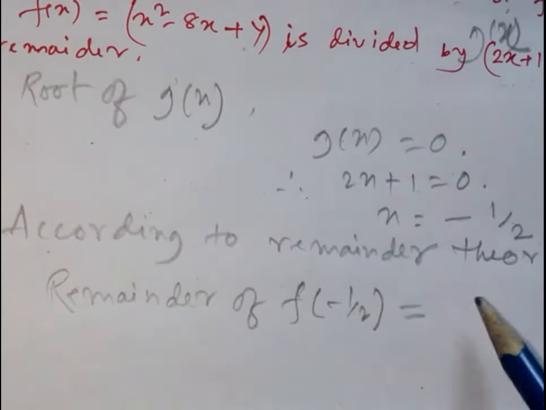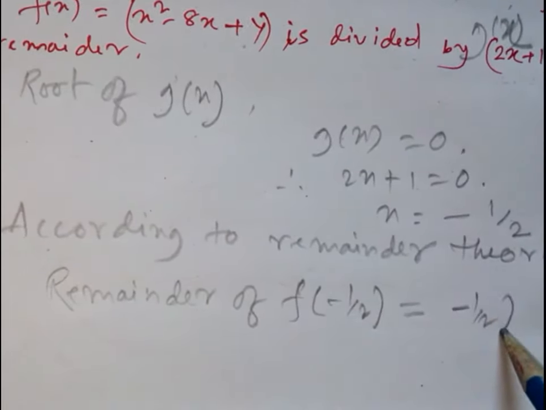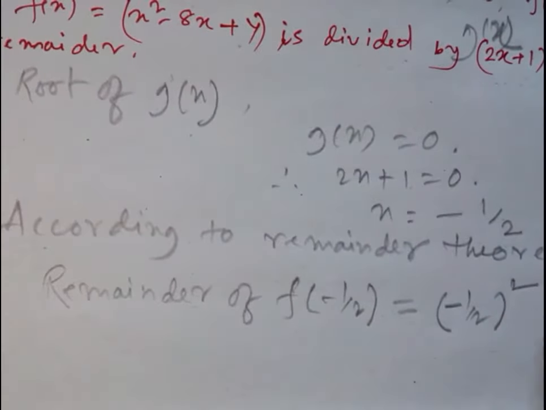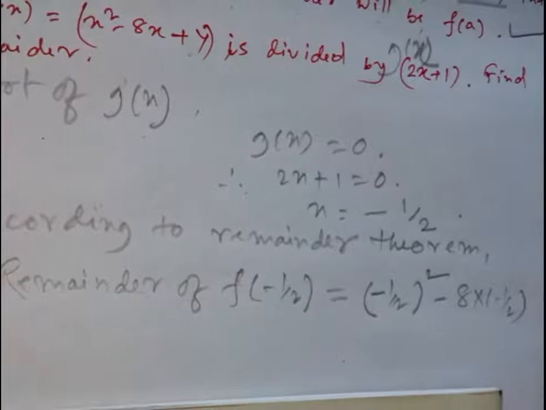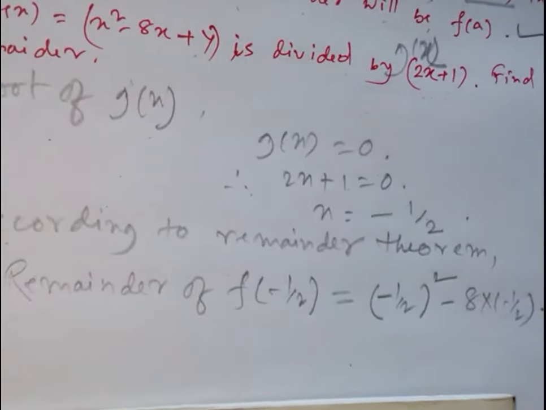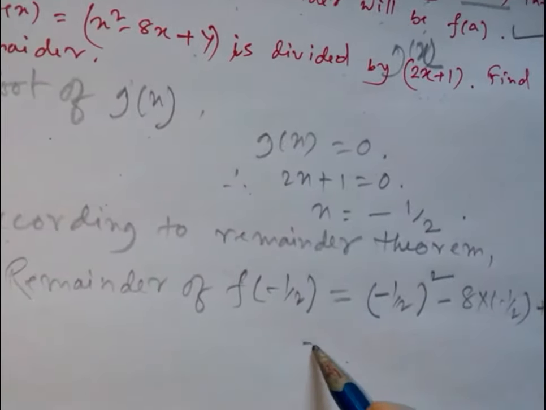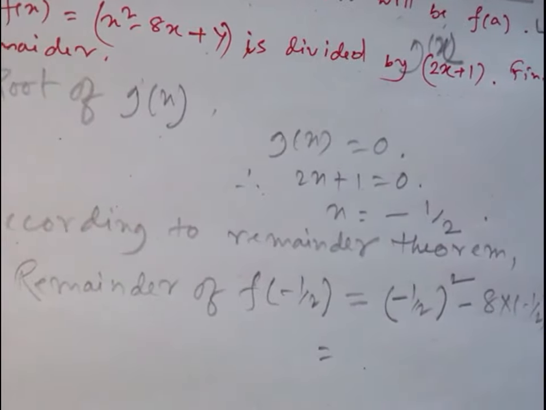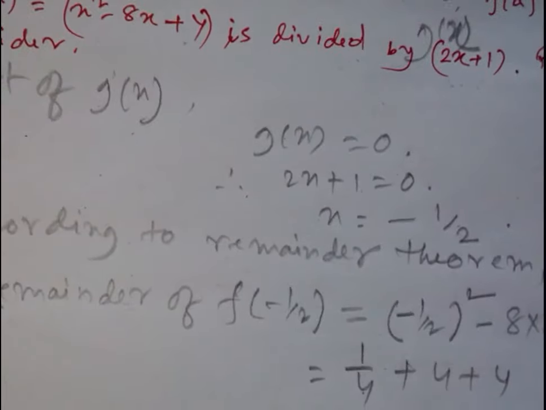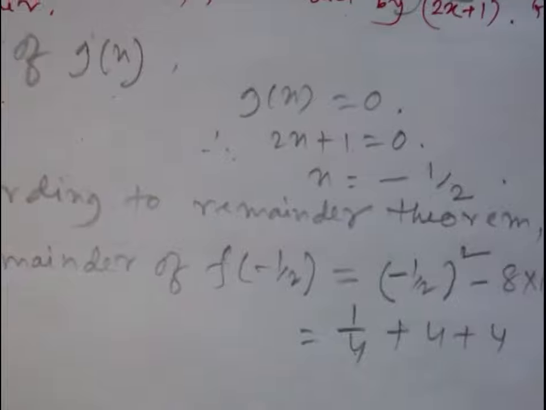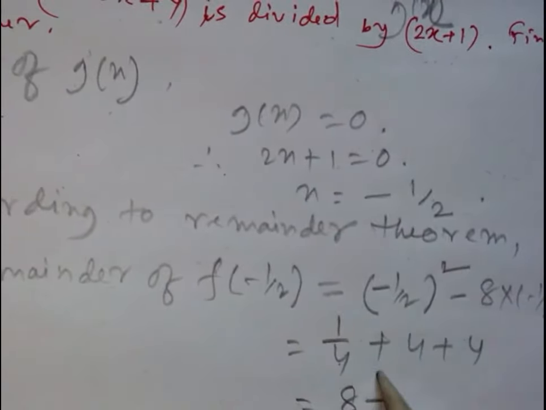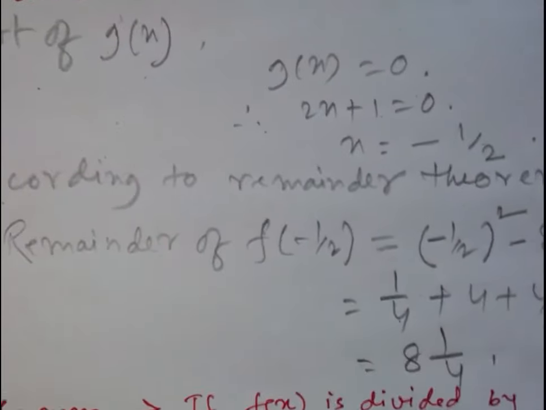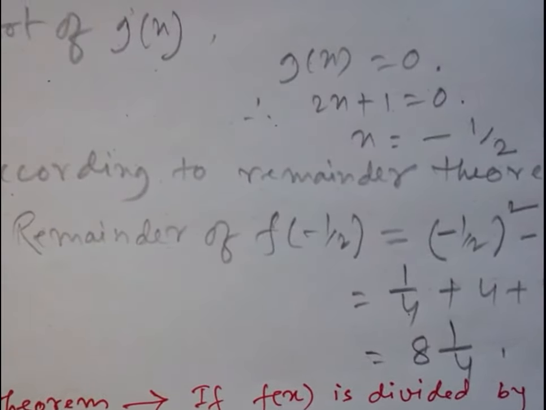That means minus 1 by 2 square minus 8 into minus 1 by 2 plus 4. So it will give a result 8 whole 1 by 4. Clear?